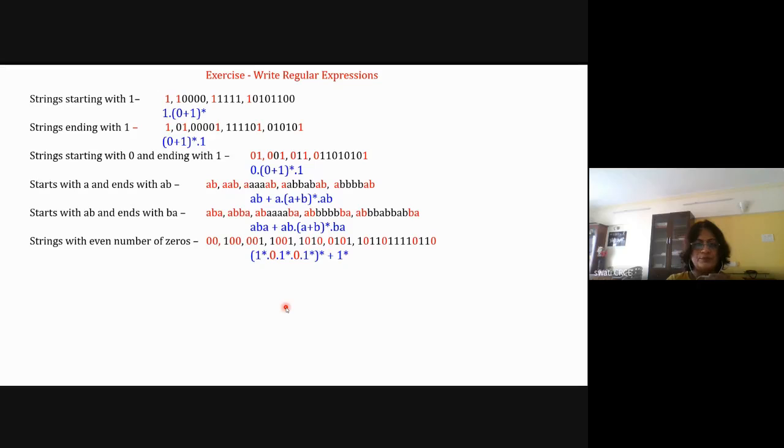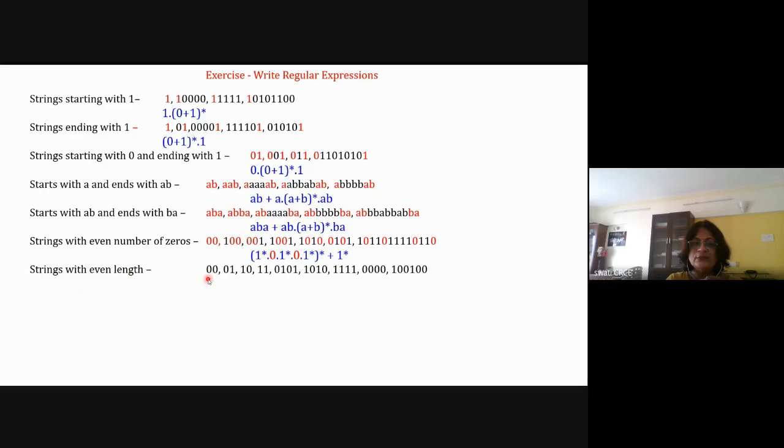Even number of zeros. Now even length. The string length should be even. This is the statement for the language. My regular language that is accepted by a DFA or NFA is a language that contains all the words or all the strings which have even length.